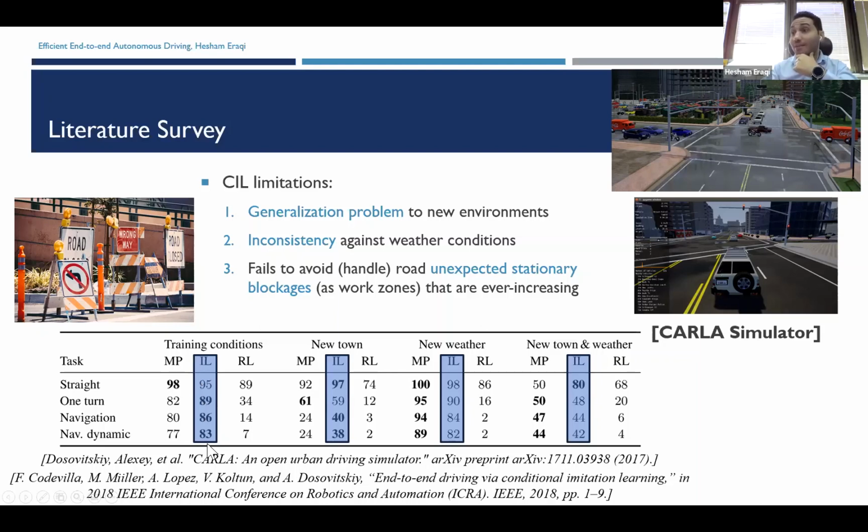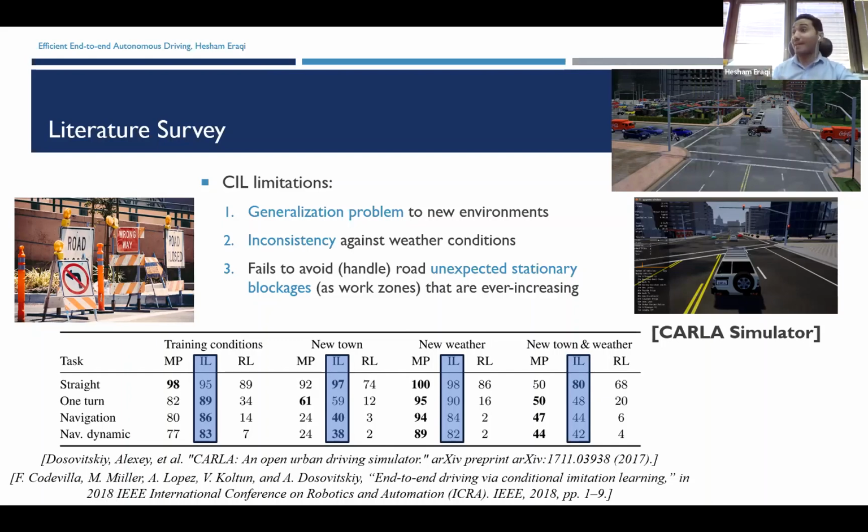Success rate is very good, but performance dramatically decreases when the car is tested on a new environment that was never seen during training time. And if you only change the weather condition, you will find that the driving policy is not very systematic. So it is inconsistent against varying weather. This is the second drawback.